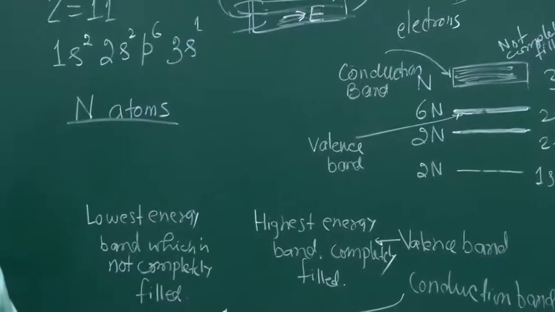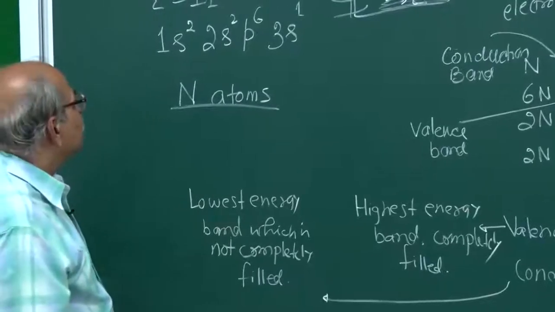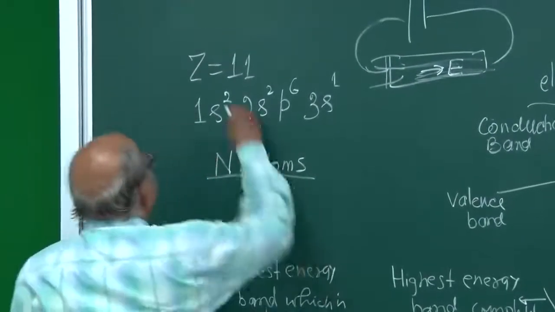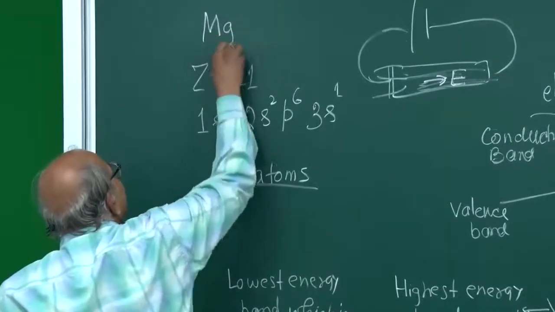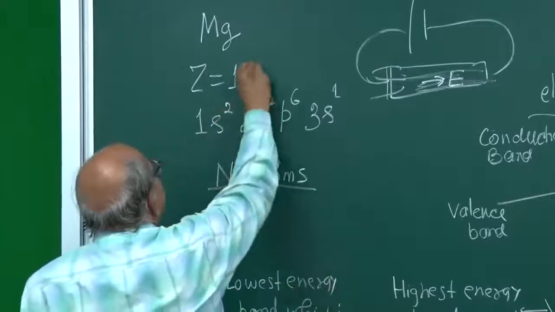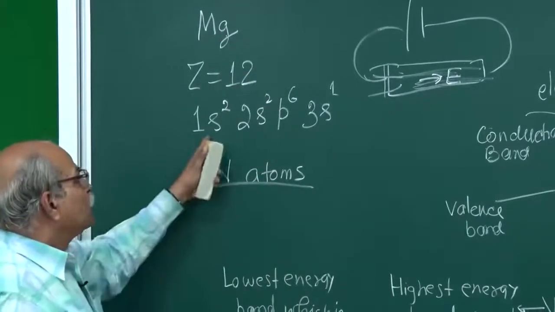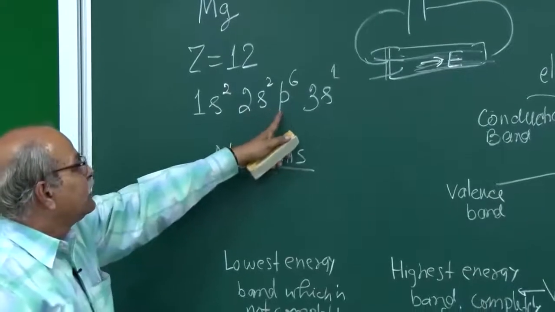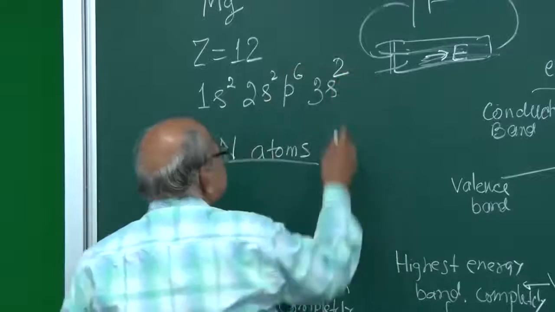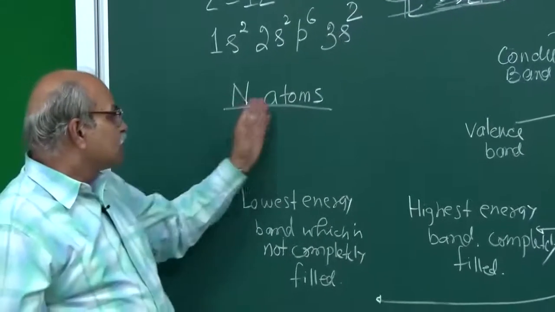What about magnesium? Let us suppose we consider magnesium, Mg. Here Z is equal to 12. So for each atom, the configuration will be 1s2, 2s2, 2p6 and 3s2. Suppose I have n atoms of magnesium.